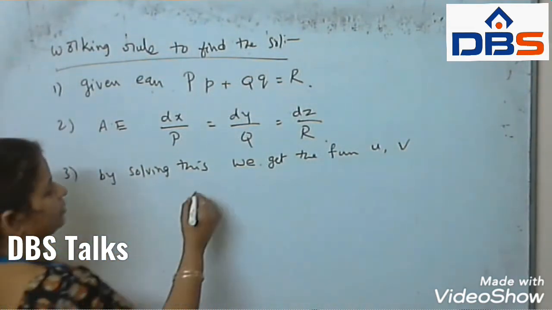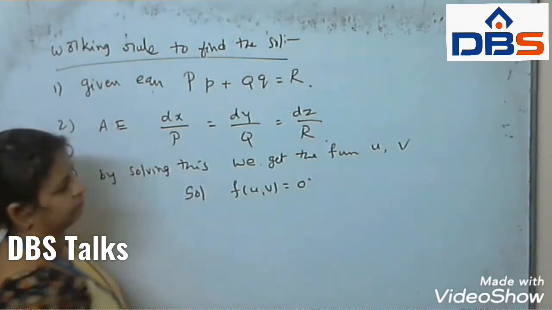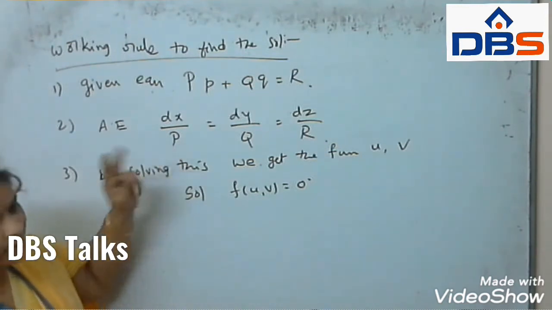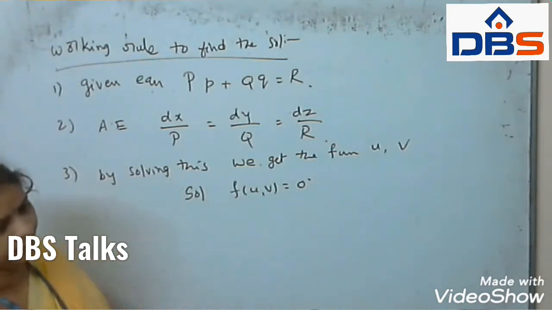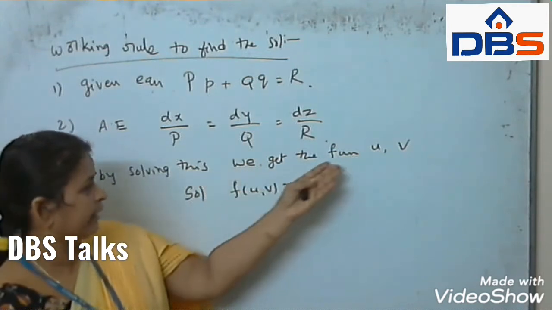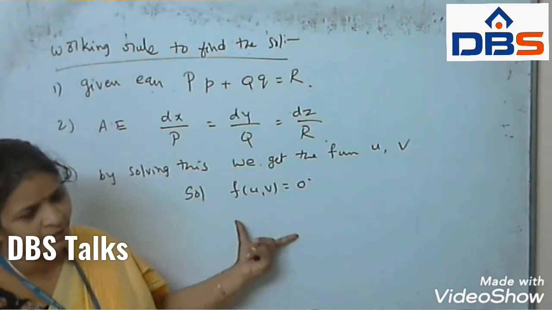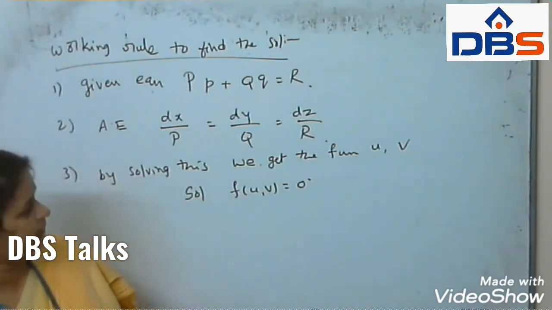Then the general solution is f(u, v) equal to 0. So this is one step. In some problems we can't solve this directly. In some cases, we can easily get u and v. But in some cases, we can't get u and v directly. In such cases, you have to use Lagrange's multipliers.